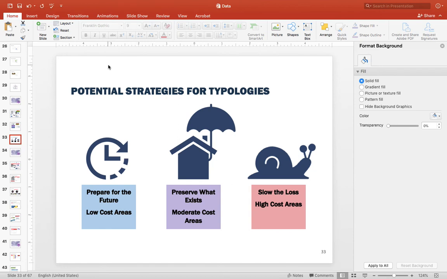And finally, what is important as a takeaway is that you can have different strategies depending on the typology. So if it's a place like Jordan Meadows and Westpointe, where right now homes are very affordable, the idea is how can you prepare for the future.